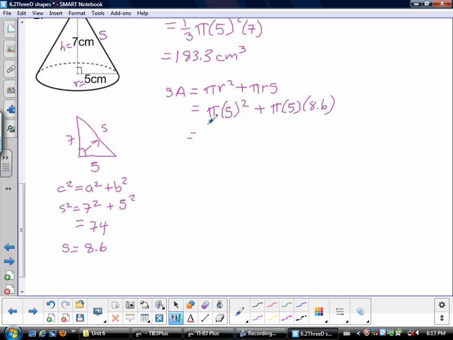So this is approximately 78.54, and this one is 135.09. Notice that I'm keeping 2 decimal places in my work, and then I'm finishing off with 1 decimal place. So we don't want to round like 3 or 4 times in one question. But at the same time, we don't want to have to put a million decimal places. Surface area, so we're looking at squared.